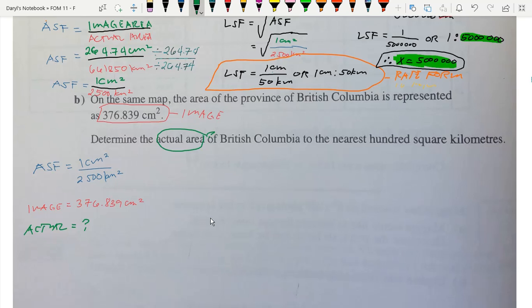So how would I get the actual area? I can solve this one using proportional reasoning.